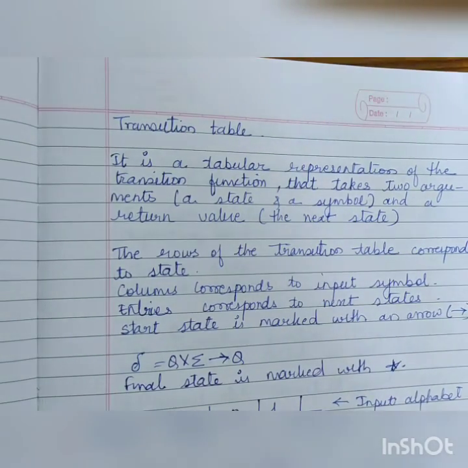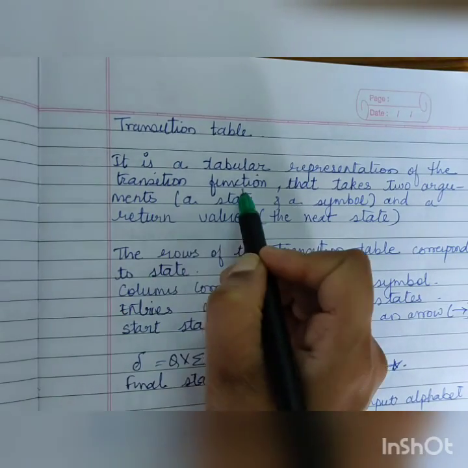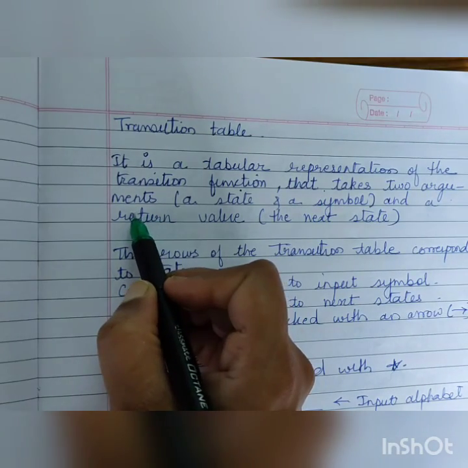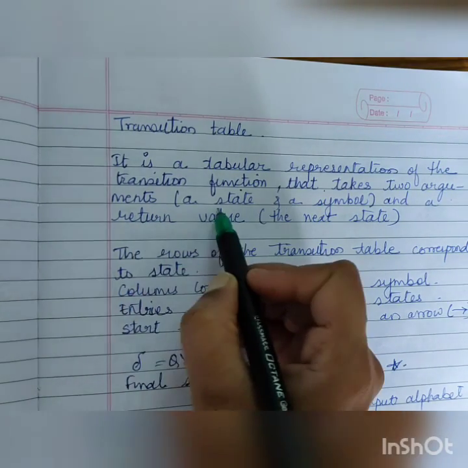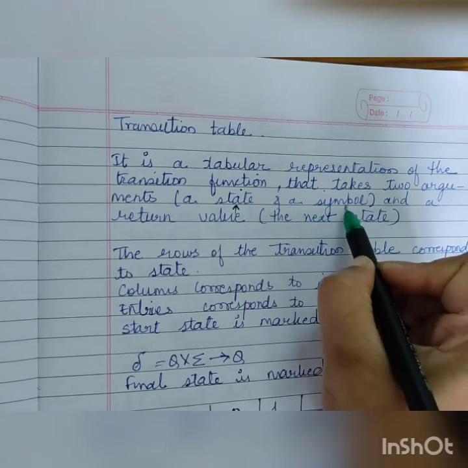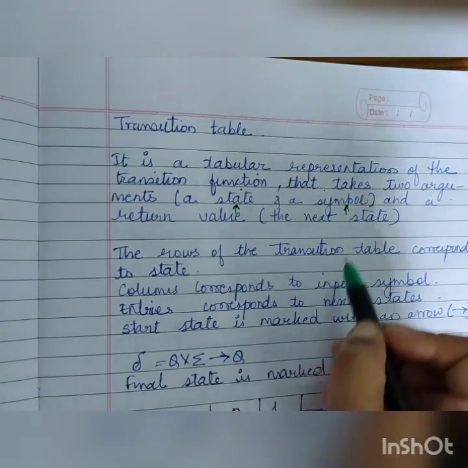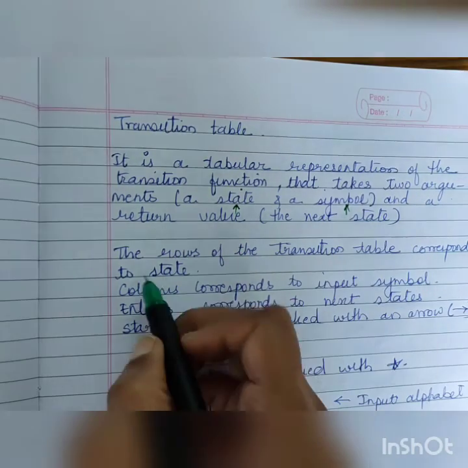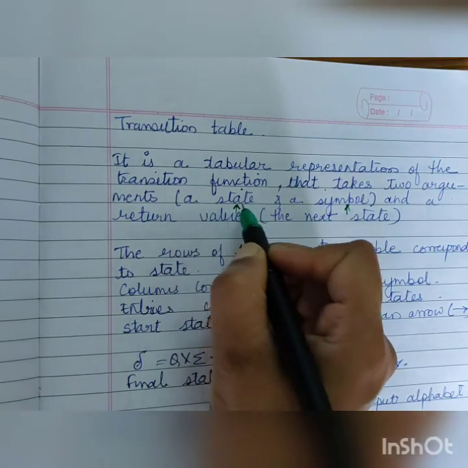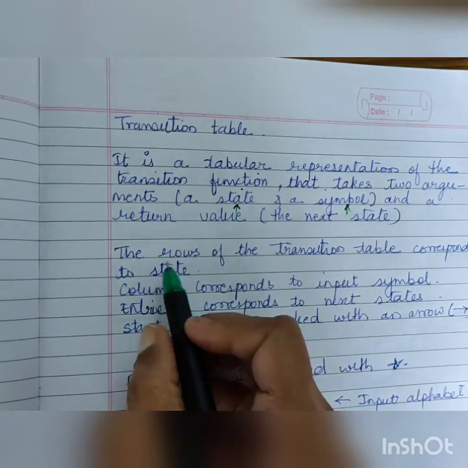So the transition table is a tabular representation of the transition function that takes two arguments. What are those two arguments? One is the state and the second is the symbol, and the return value is the next state.